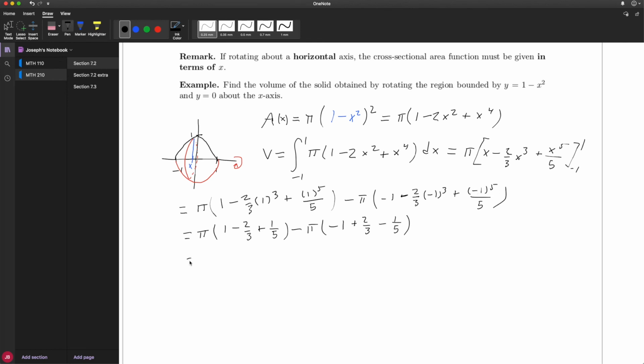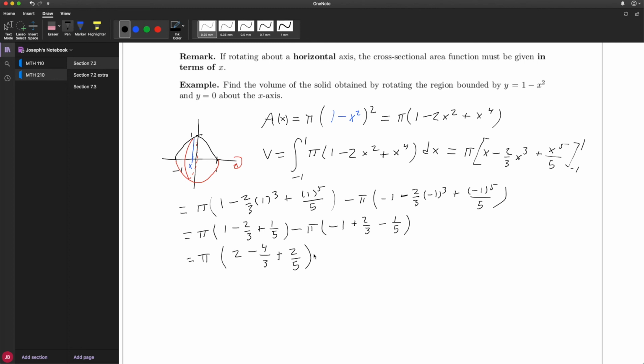Okay, so this is pi, and now we get a 1 minus negative 1 is 2, minus 2/3 minus another 2/3 is minus 4/3. And let's see, 1/5 minus negative 1/5 is plus 2/5.